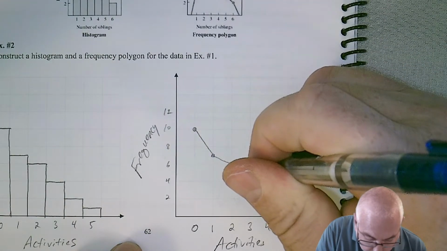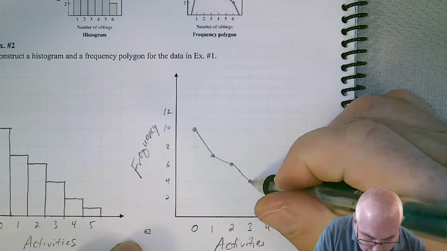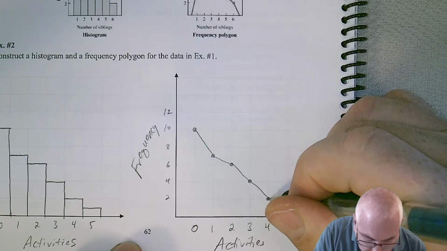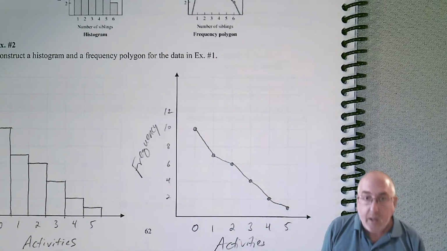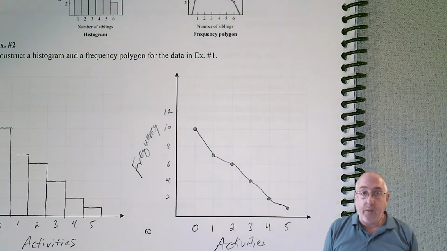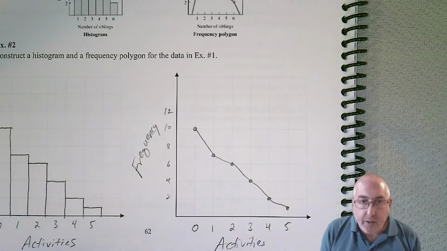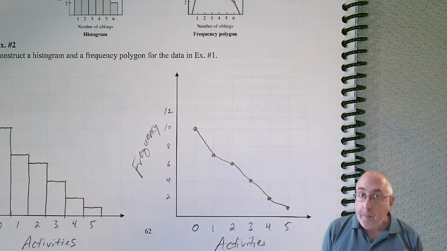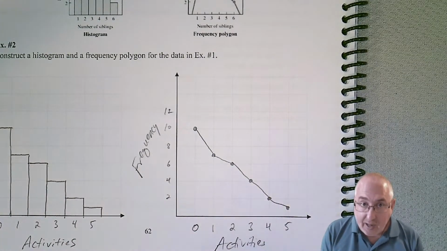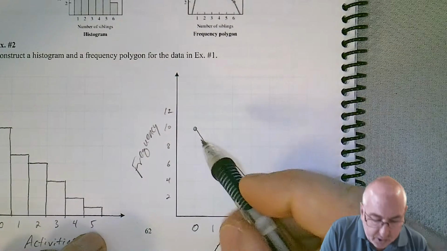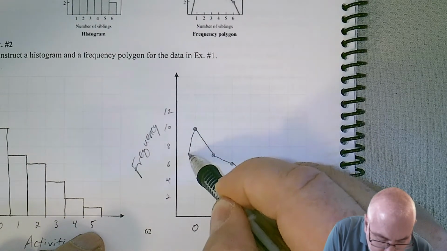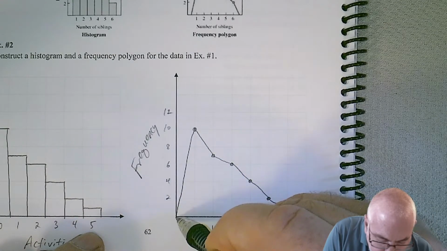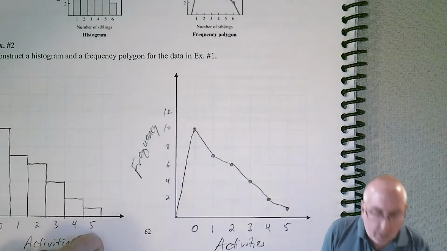If you are not a great drawer, it's probably wise to get a ruler or some sort of straight edge. So there's our floating line, and it's not perfect, but you get the idea, hopefully. But now the last step is to close it. We want to make sure we go from the first dot and drop it. I like to drop it right through where the two axes cross.